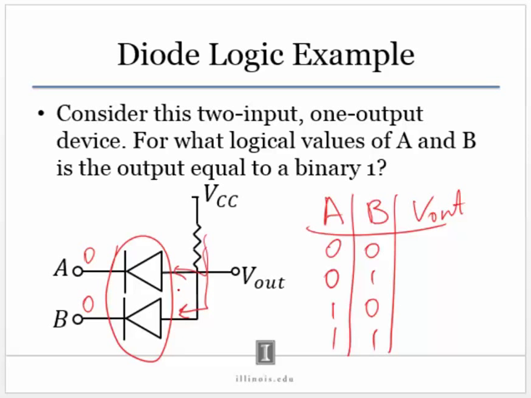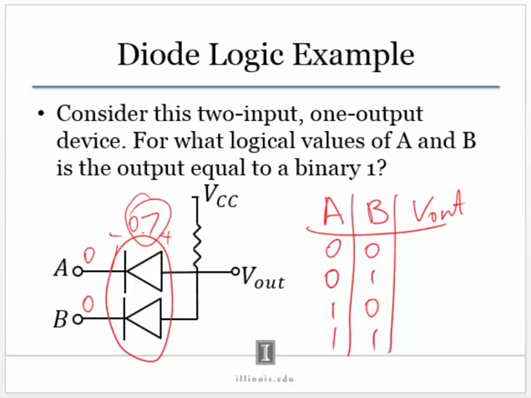We're also going to have a voltage drop across the diodes, 0.7 volts across each one of them, and so this will force V out to exactly 0.7 volts.